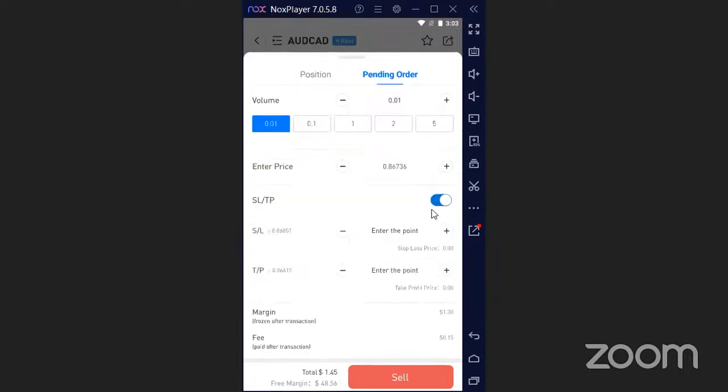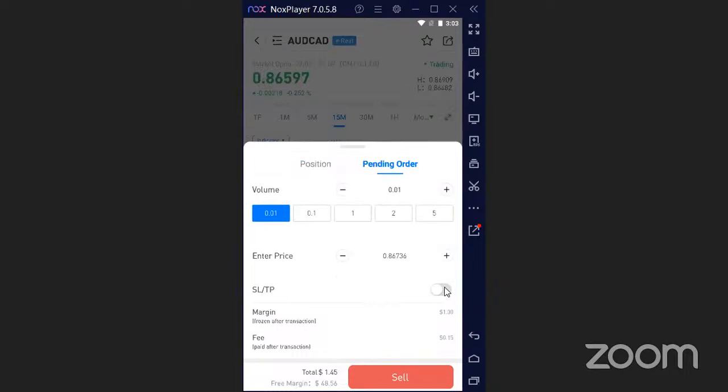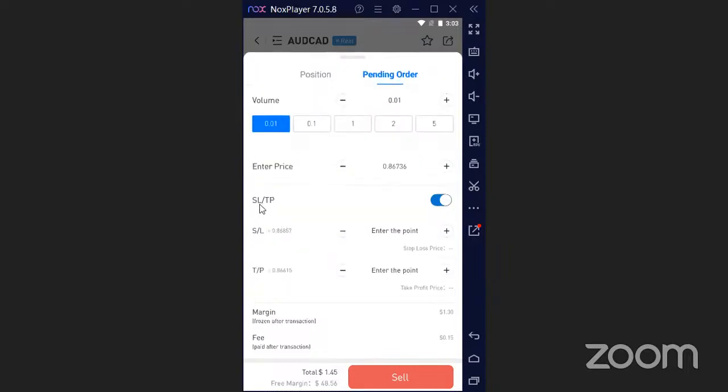Okay, so click on this, this that looks like a button. Click on it. That is where we are going to be setting our stop loss and take profit. Let's set the stop loss first, since it's our first option here.